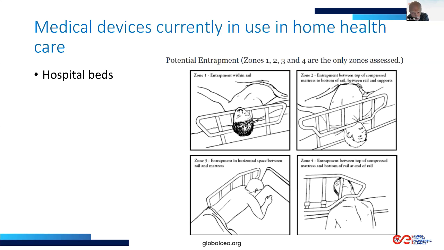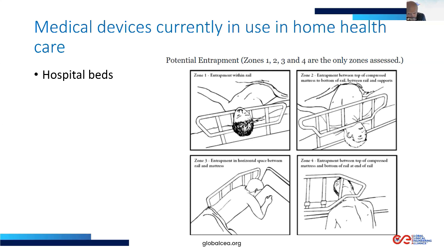And I'm going to talk a bit more about hospital beds. This issue of entrapment in hospital beds has pretty well been resolved within hospitals with standards and hazard notices, and everyone in the hospital is aware of the hazards of entrapment in bed rails and mattresses.